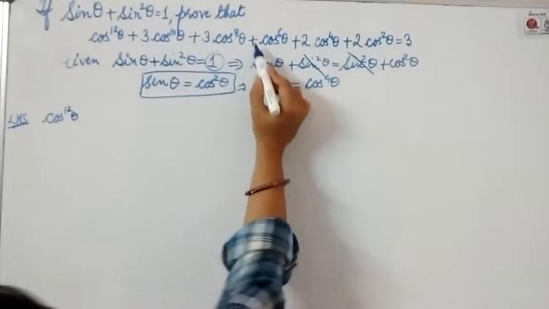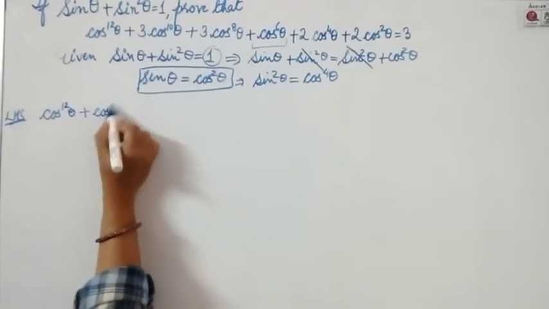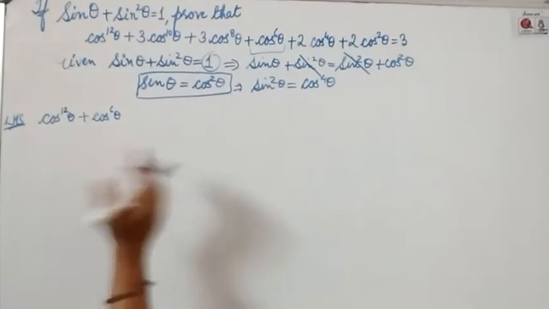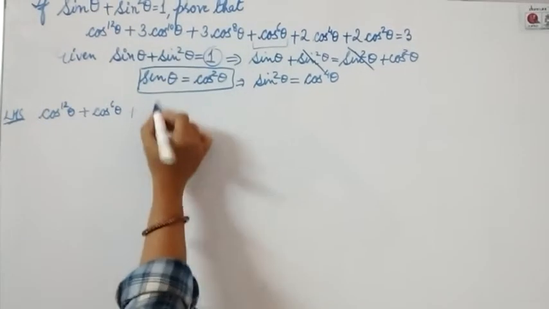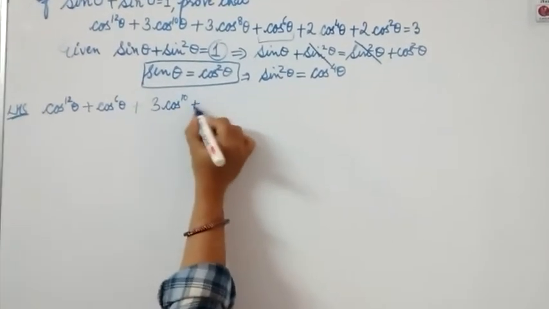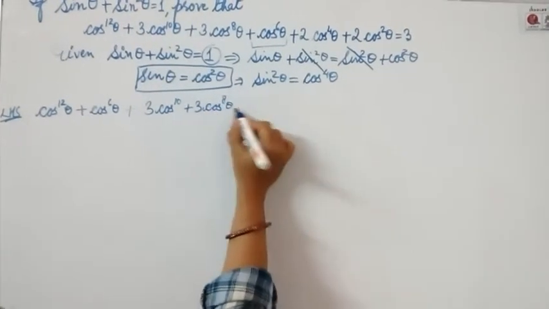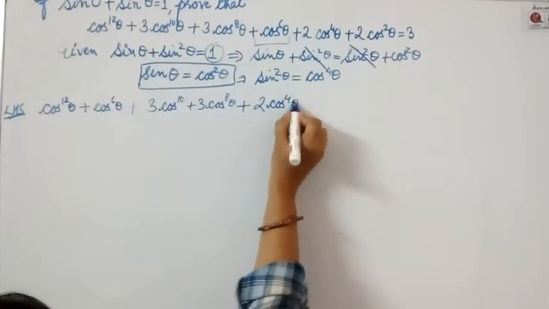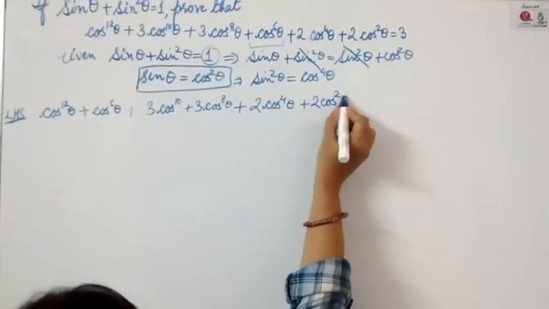Then I'm taking this cos 6 theta with this first, as we know addition is commutative, so we can rearrange it. Associative property can also be used. Now I am taking these 3 cos to the power 10 theta plus 3 cos to the power 8 theta together, and now I am writing this 2 cos to the power 4 theta plus 2 cos square theta.